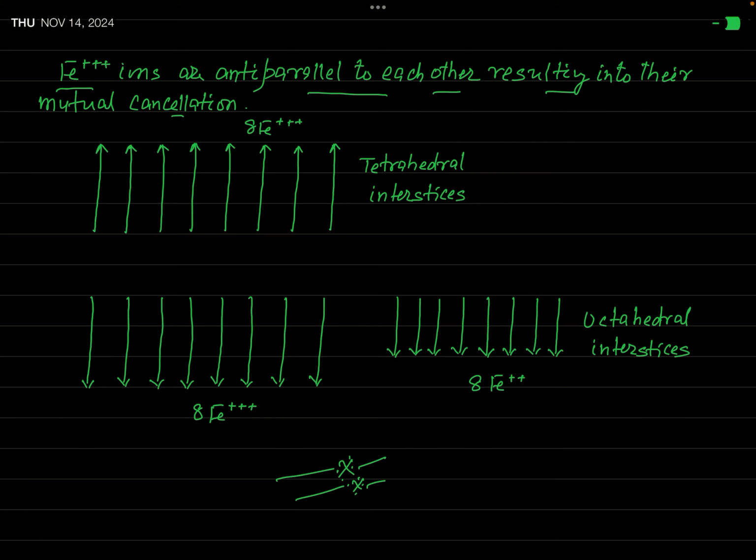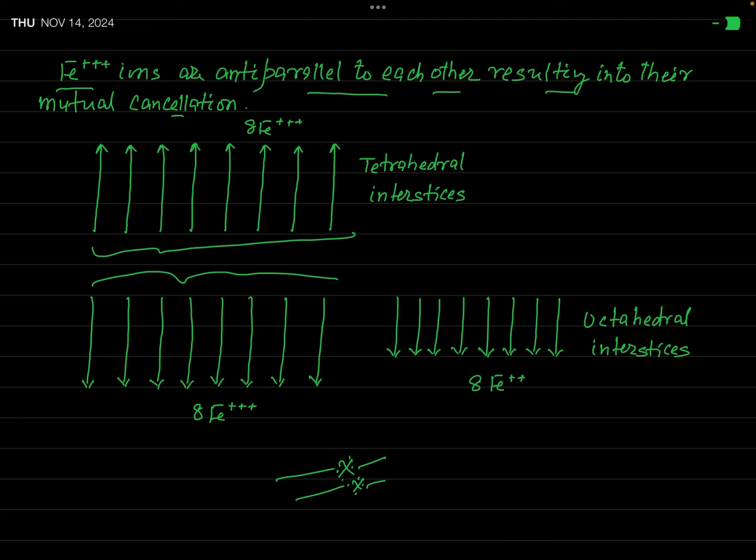I have shown here 8 Fe triple plus ions with spin up, which are at the tetrahedral interstitial. And there are also 8 Fe triple plus ions with spin down at the octahedral interstitial.